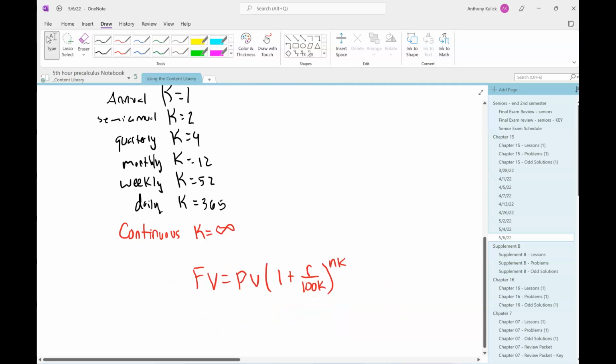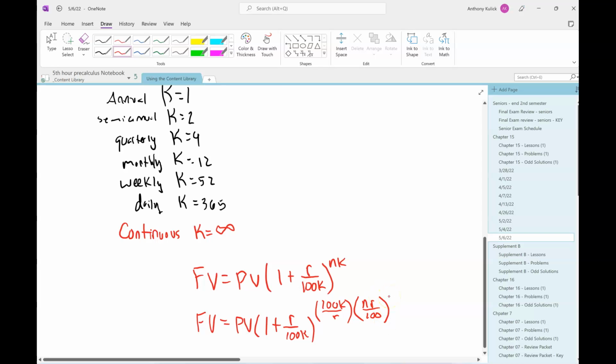So in order to make this work, we're going to rewrite the exponent. So instead of writing the exponent as n times k, I'm going to write it as 100k over r times nr over 100.